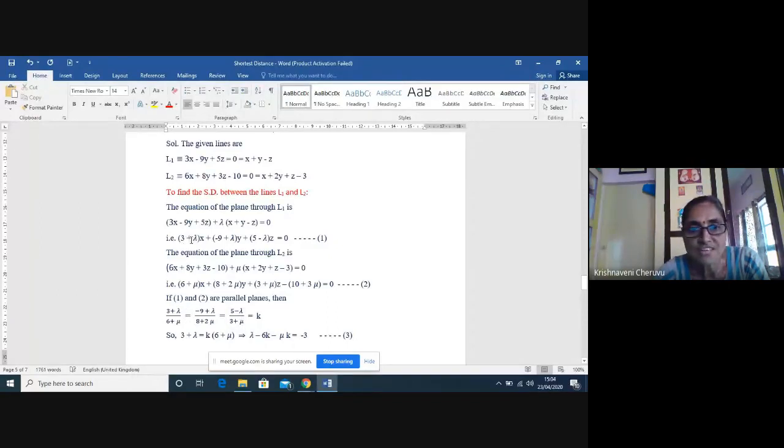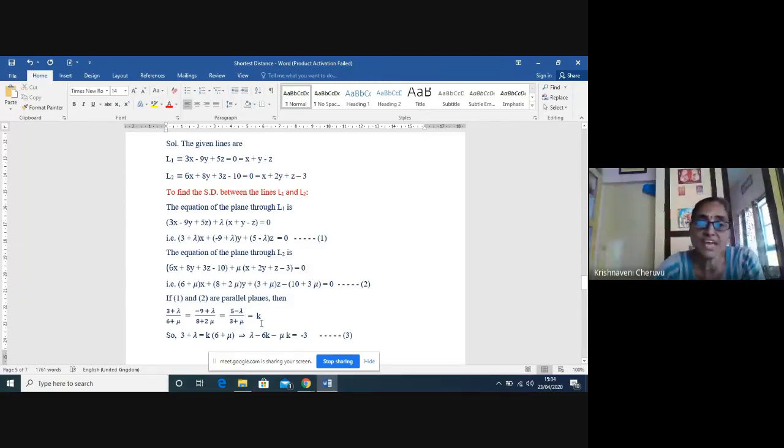So 3 plus lambda by 6 plus mu is equal to minus 9 plus lambda by 8 plus 2 mu is equal to 5 minus lambda by 3 plus mu. So all these are equal. Let them be equal to k.